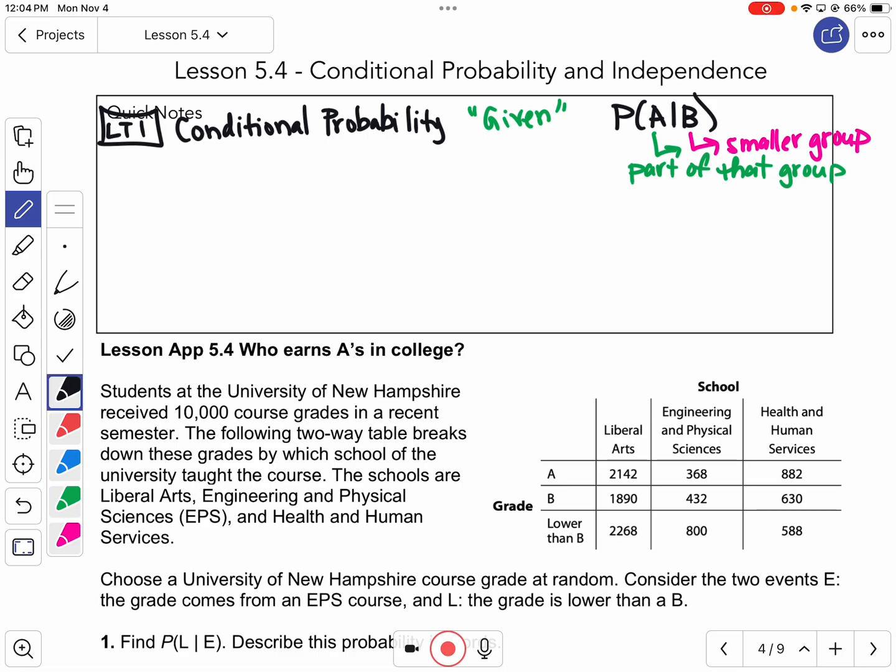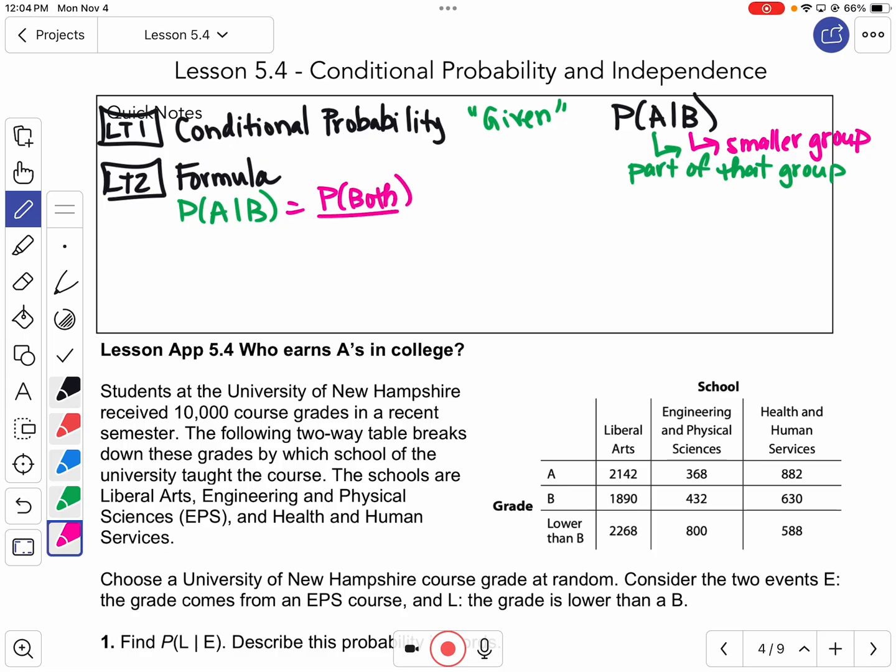Now, it talks about the conditional probability formula. I don't focus on it a lot, but I want to show it to you. If I want the probability of A given B, it's basically the probability of both things happening over the probability of the second. So it's the probability of both over the probability of the second.